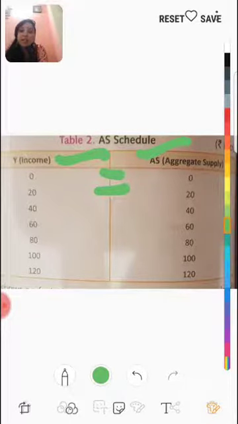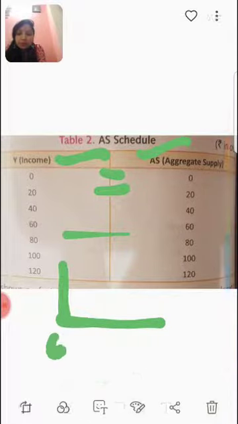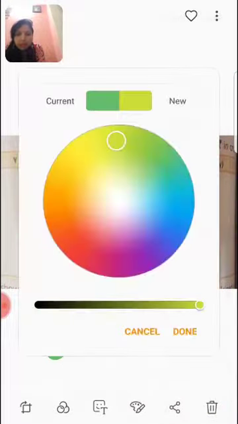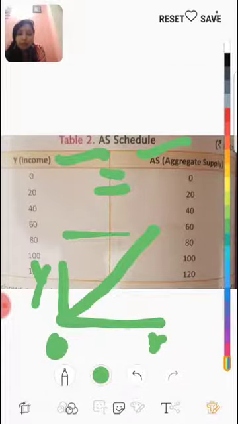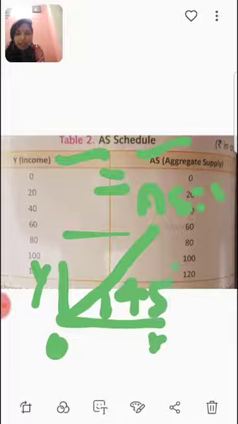How much a producer earns is a part of income. The more he sells, the more he earns, so income and AS will always be the same, and it is shown by a 45-degree angle line. If we prepare AS on the graph, with O, X and Y here, then AS equals Y and it is always a 45-degree angle.